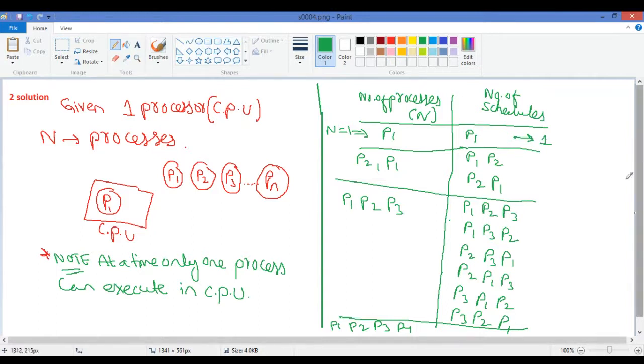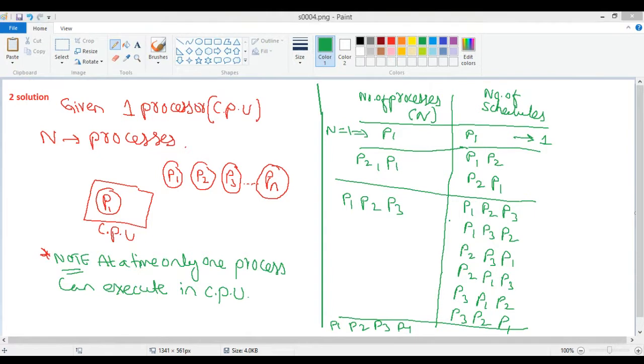I think I got some answers. Some of you are giving the answer 2 power n. Let us see whether it's 2 power n or something else. That's a good try. Now look here.